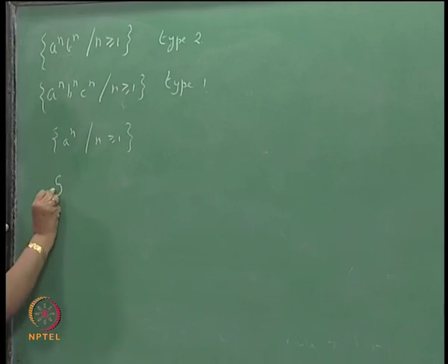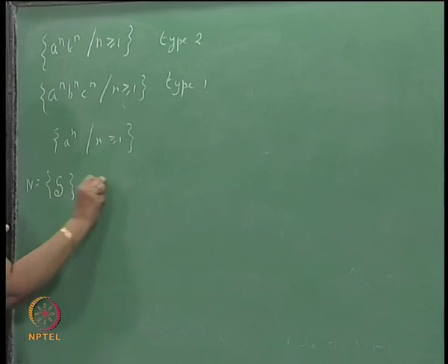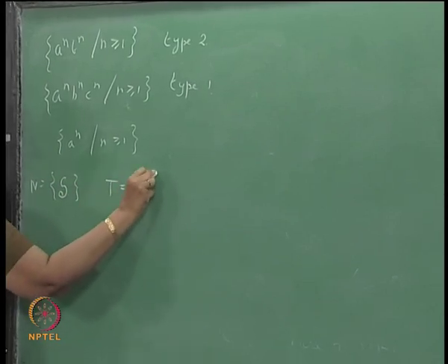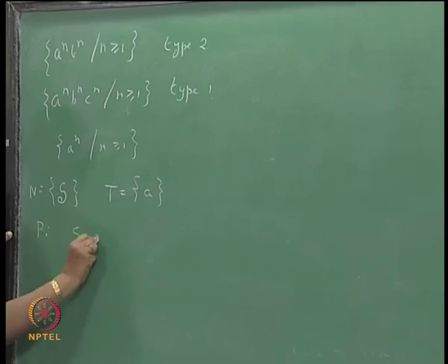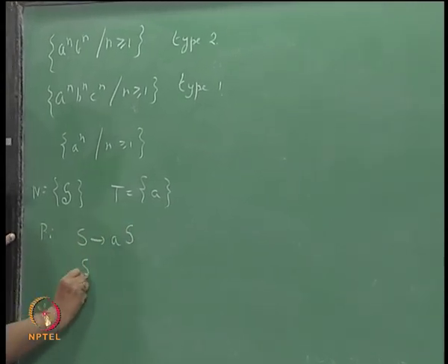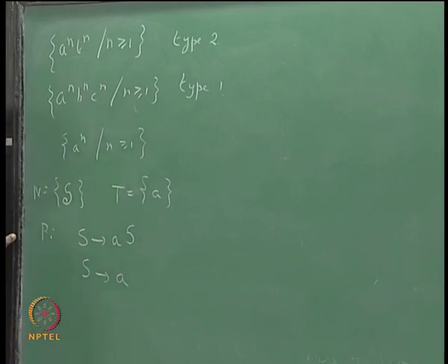Consider this grammar with S as the only non-terminal, and the only terminal is a, and the rules are of the form S goes to aS, S goes to a. There are only two rules.